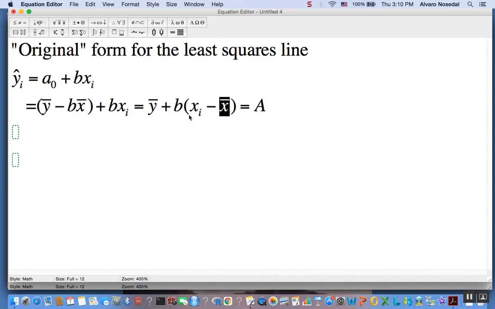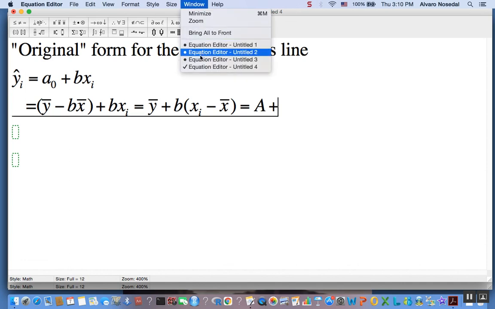If we factor out b, it would be b times xi minus b times x bar, right? So, as I was saying, that y bar is the same as uppercase A, meaning the one that we showed for the alternative.